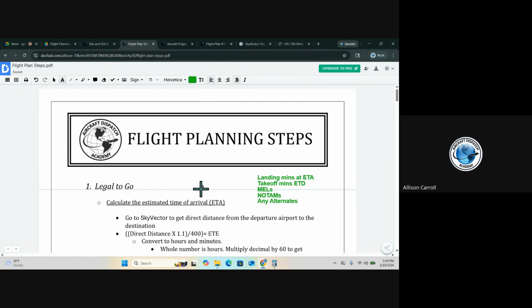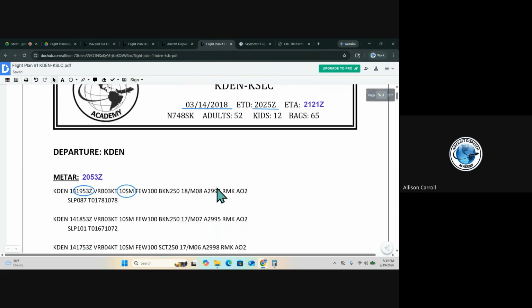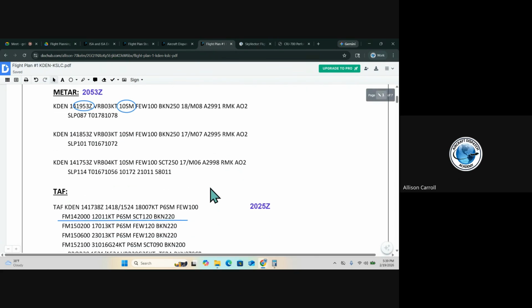And you'll notice with the flight plans that yes, the city pair changes, the times change, the number of passengers and bags change, and the aircraft number changes, but the content is pretty similar. You still have NOTAMs that you look for, and you still pick runways, and you still do all this different stuff.